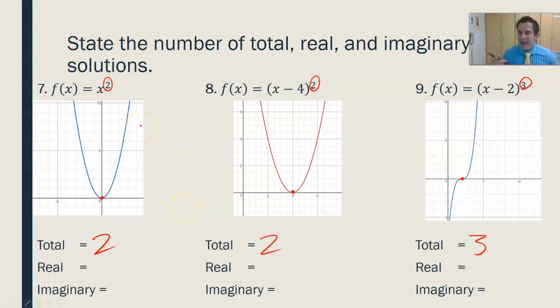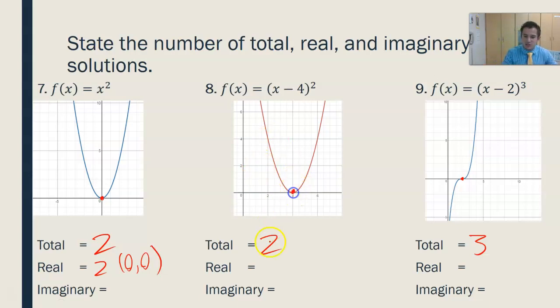The way it behaves that way is because of the way these functions are set up. Each of these is going to have solutions that are multiples. They're going to have a multiplicity of solutions. So here it looks as if I only have 1 real solution, but really I have 1 real solution repeated twice. That solution is going to be 0. So there are 2 real solutions, but they're both 0 because there's a multiplicity there.